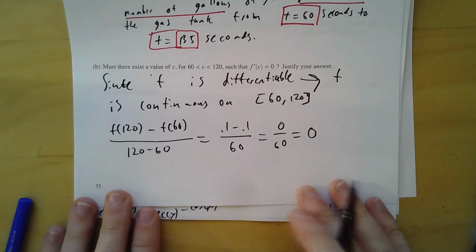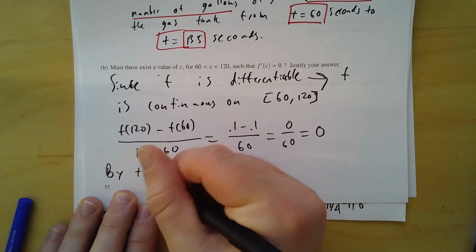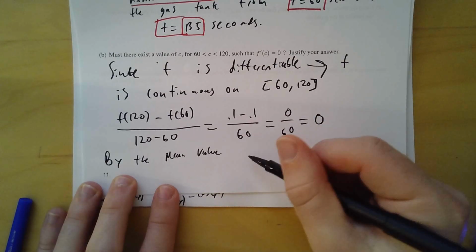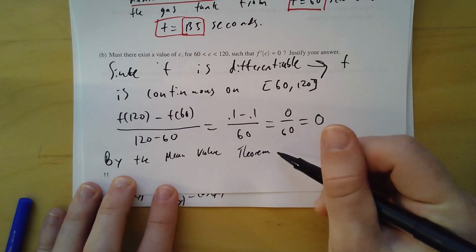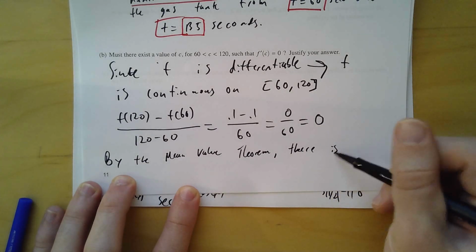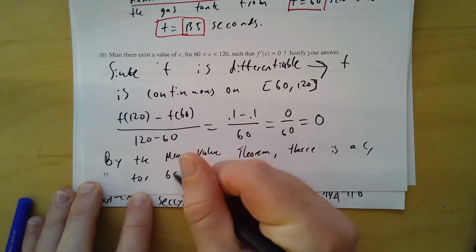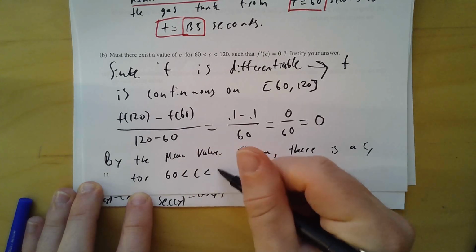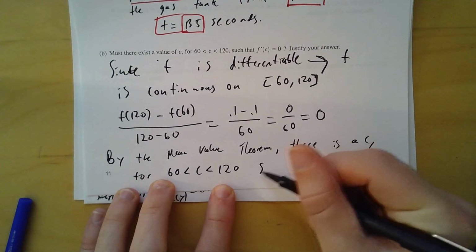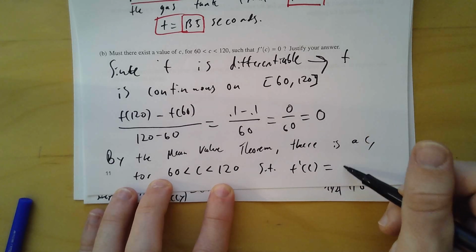Therefore, by the mean value theorem, there is a c between 60 and 120 such that the derivative of c equals 0.